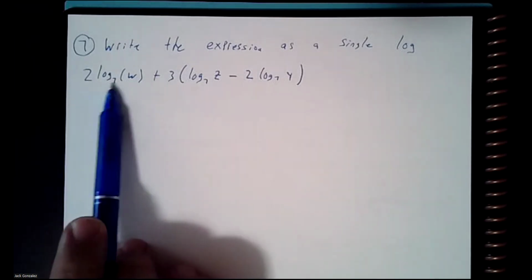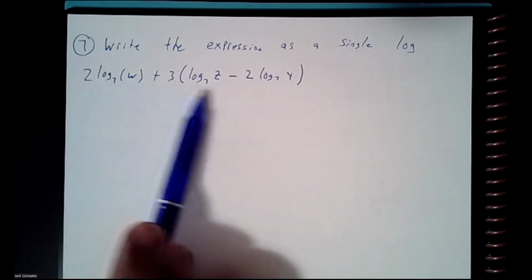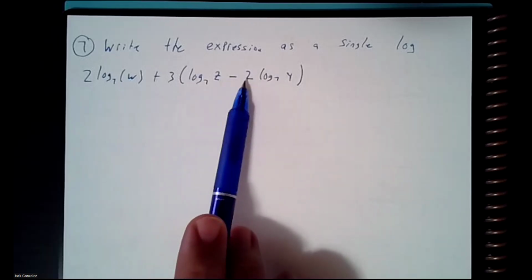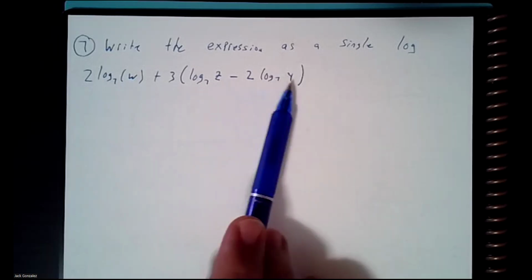So 2 log 7 W plus 3 times this entire thing. Inside we've got log 7 Z minus 2 log 7 Y.